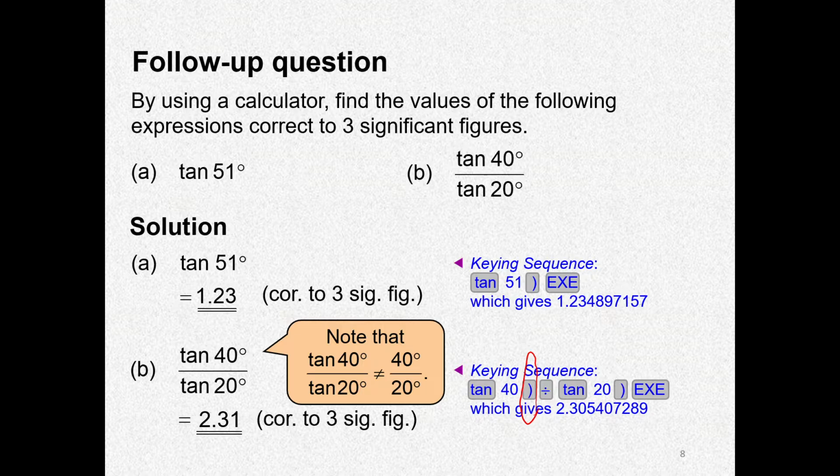Also, bear in mind tangent 40 degrees over tangent 20 degrees is not equivalent to 40 degrees over 20 degrees, okay? Because we need to take them as one term. This is one term, and then this is another term, so you cannot eliminate. They are not common factors.